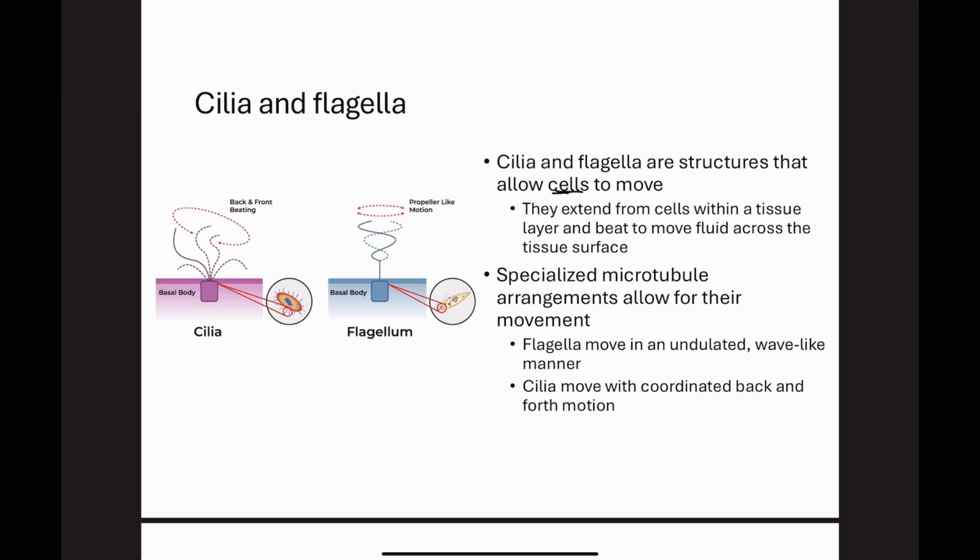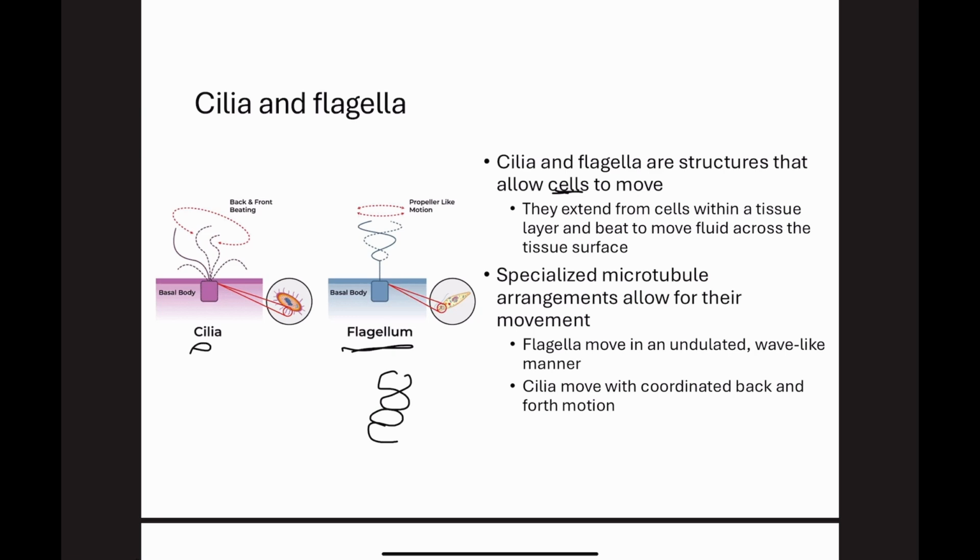And the way that it's going to happen is that our cilia are going to move back and forth, and move that fluid across the tissue surface. And then we're going to have flagella. And flagella move like a propeller. It moves like this, how a propeller moves. And it's like an undulating wave-like motion that's going to help our cells move.